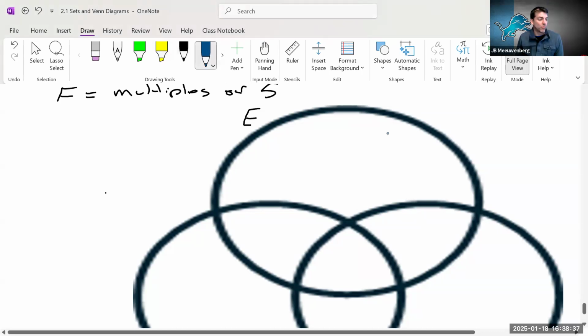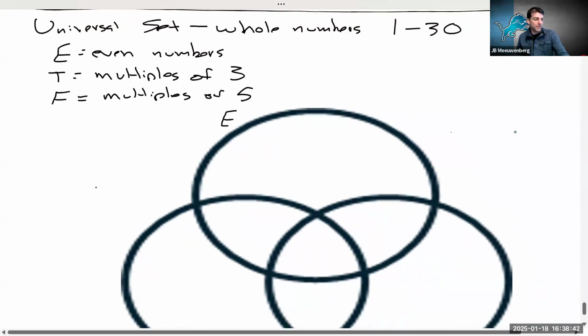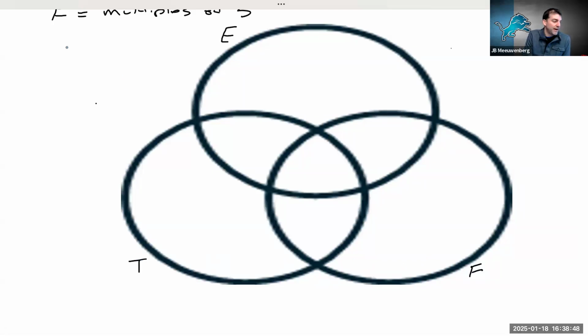Again, I'm just going to start with the number 1 and work my way up. Let's make it so we can see it all. So again, even, multiples of 3, multiples of 5. So 1 belongs out here, 2 in here, 3 down here, 4 up here, 5 down here.